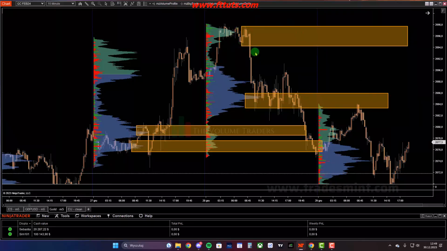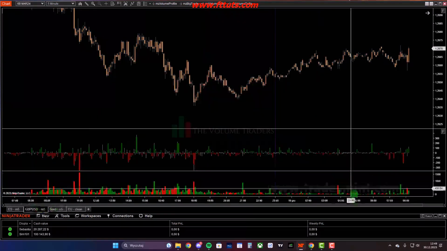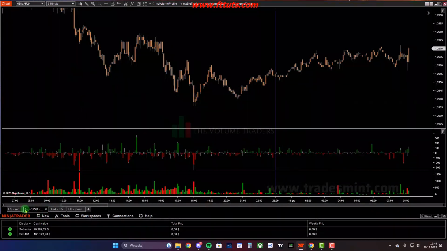For me personally, the volume profile is most important when I'm preparing for my trading. The first bigger zones I mark with the volume profile tools, and then the zones which I will mention very soon, I use as a scalper. These are very short-term areas I use for this volume and delta, and for this purpose I will use GU.